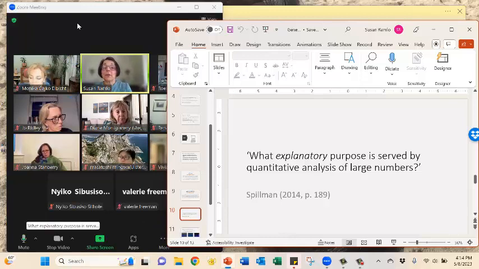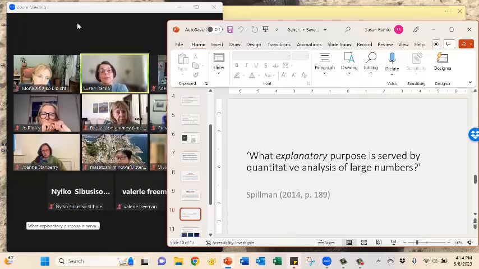One of my favorite quotes, from an article by Spillman from 2014, so about 10 years ago, is: what explanatory purpose is served by quantitative analysis of large numbers? And this is really a jumping off point about why we need substantive generalizability, because we're into, right, explanatory, descriptive.